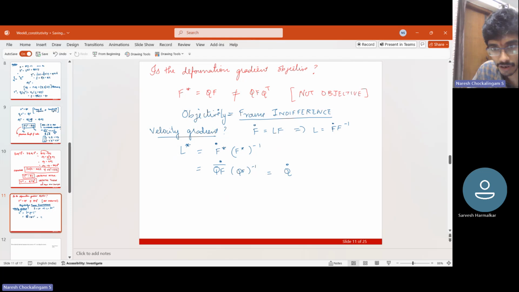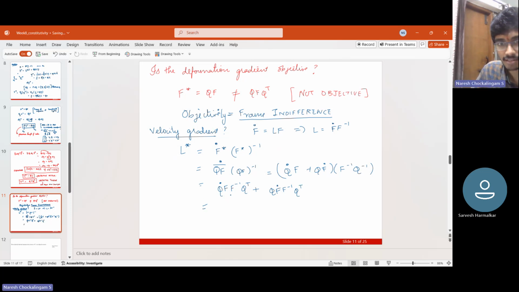This is Q dot F plus Q F dot. And (QF) inverse is nothing but F inverse Q inverse, and Q inverse is equal to Q transpose. So we have Q dot F F inverse Q transpose plus Q F dot F inverse Q transpose.